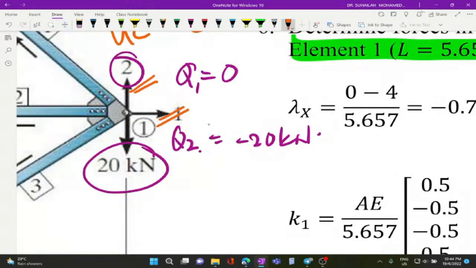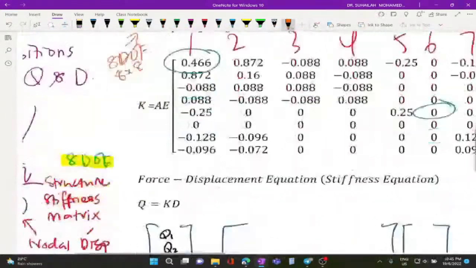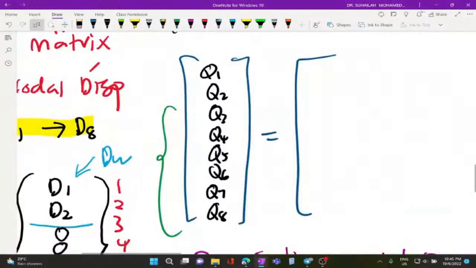So the values we should put into the matrix for the nodal forces will be 0 and negative 20.